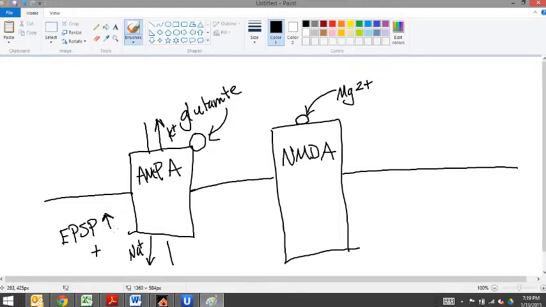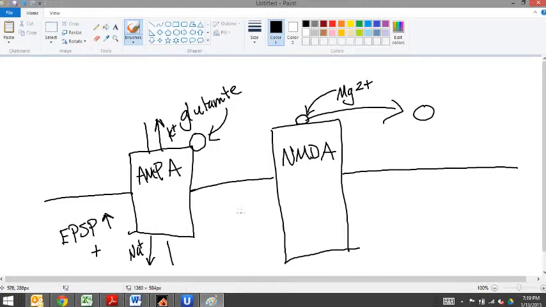Now, what happens after the voltage increases by a certain amount? It'll hit a threshold, and at that point, this magnesium ion will dislodge. It'll go away. So AMPA receptors mediate these slight changes in membrane voltage up to a point.